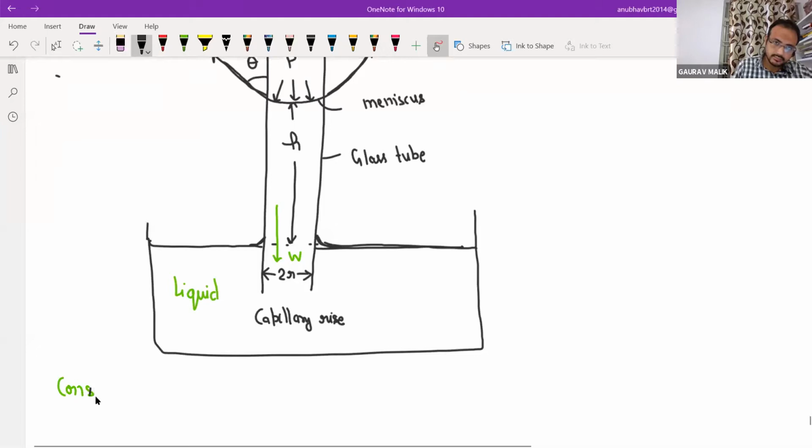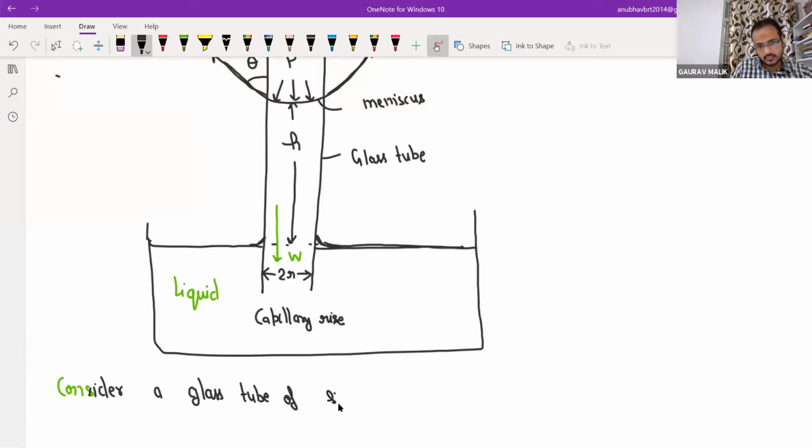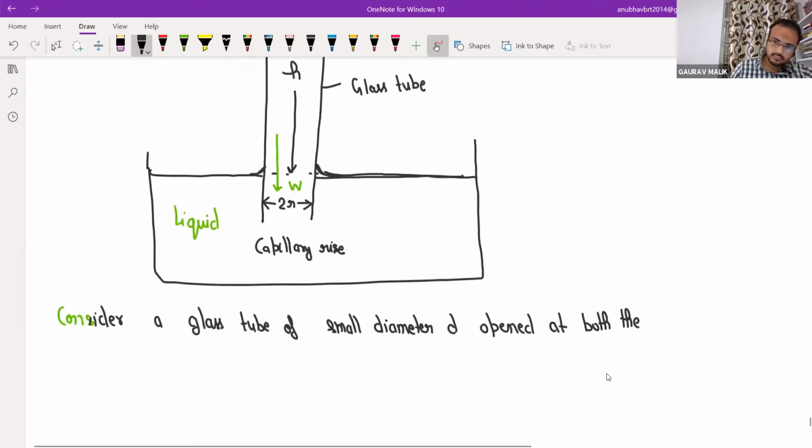Consider a glass tube of small diameter d, opened at both the ends and inserted in a liquid.